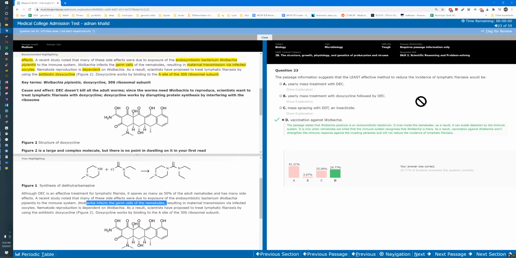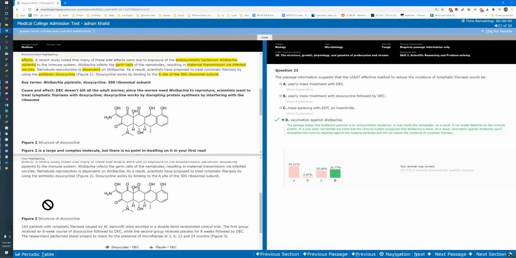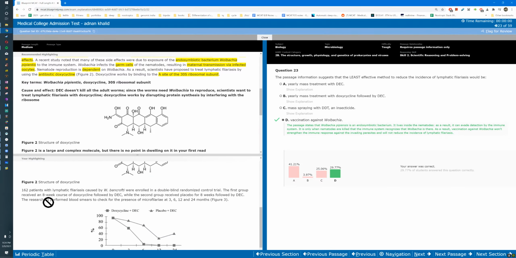Lymphatic filariasis. Okay, this lives in nematodes. Evade detection by the immune system. Only when the nematodes are killed does the immune system recognize Wolbachia is there. So it infects the germ cells of the nematodes, and then somehow we get the nematode eggs in us, I suppose, and then we get fucked.